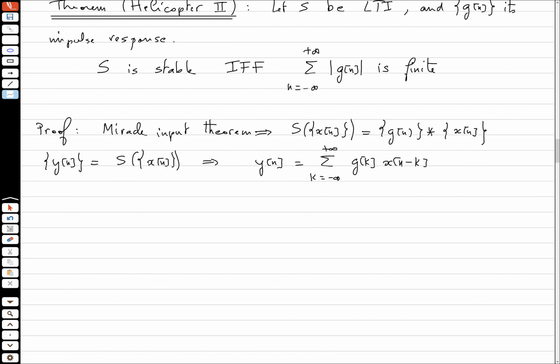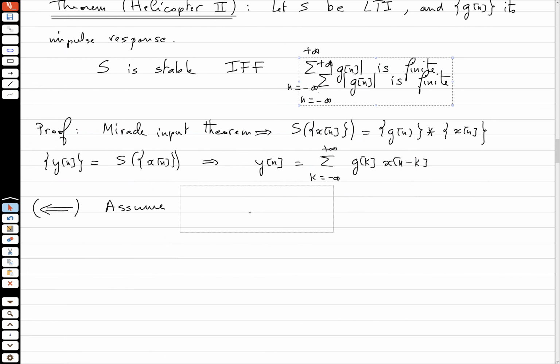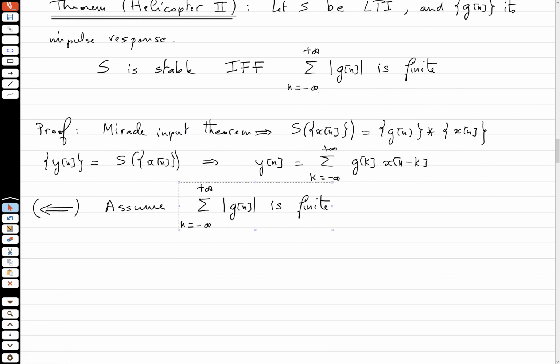All right, so again, we are going to prove two implications. Again, it's easier to prove the converse. So assume that this is finite, and then prove that S is stable.